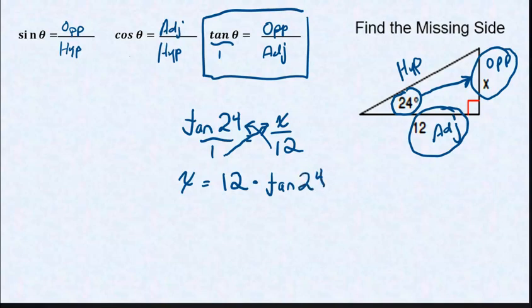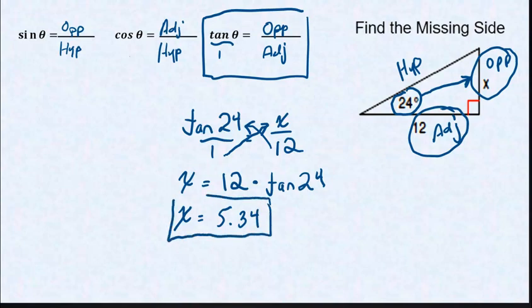The cross multiplication allows me to see when I'm going to divide the tangent ratio or multiply it. Some people have that memorized. If you've watched some of my previous videos, you would know I am definitely not a fan of memorization.